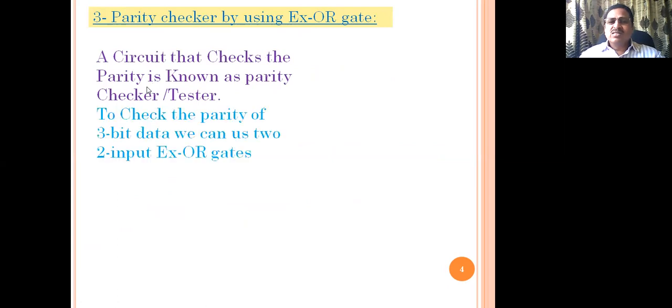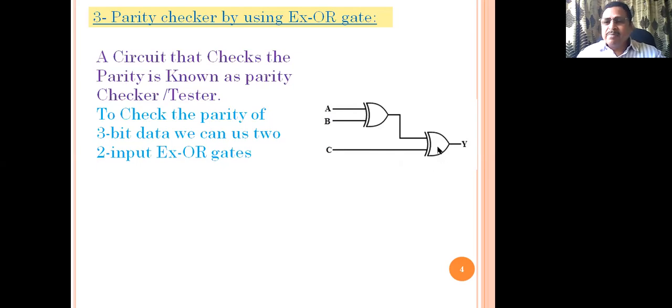To check the parity of 3-bit data, we can use 2 XOR gates in this way. 2-input XOR gates, because we want 3 bits. The first XOR gate has inputs A, B, and its output, along with the third input C, is given to one more XOR gate. So we can implement a 3-bit input by using 2-input XOR gates. This circuit will work as a 3-bit parity checker and will check the parity of data.